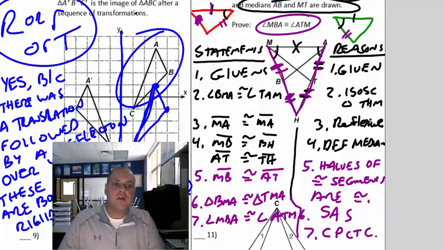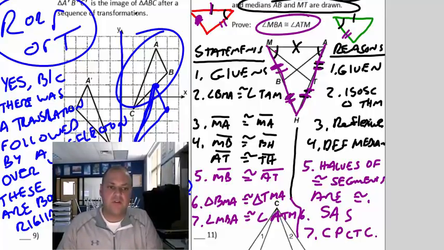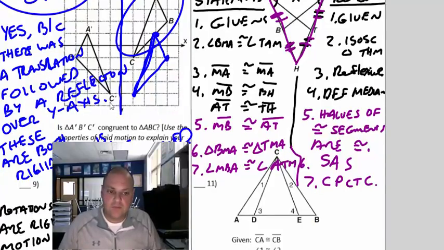Okay? Once you have that, the corresponding parts, MBA, that one here, and that one there, and that one there are now congruent. Those are corresponding parts of the congruent triangles. Okay? So we have that one there.